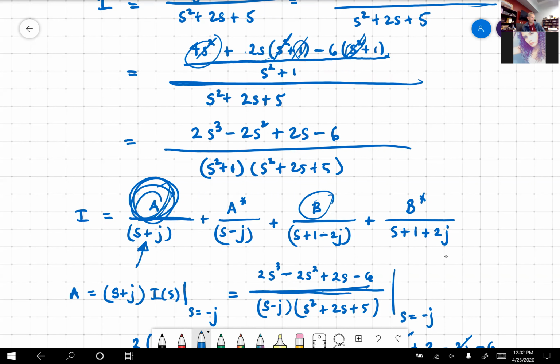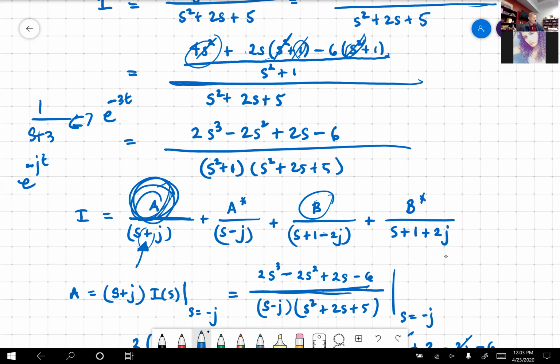So this positive here translates. Remember, when we translate into the inverse Laplace transform, it translates into an exponential with a negative sign, right? So we know, for example, 1 over s plus 3 inverse transforms into e to the minus 3t. So this plus transforms into an e to the minus jt, which is part of the sine and the cosine breakdown.